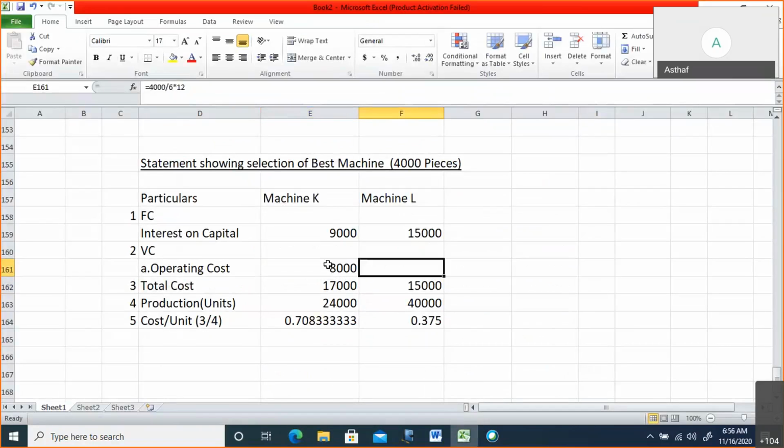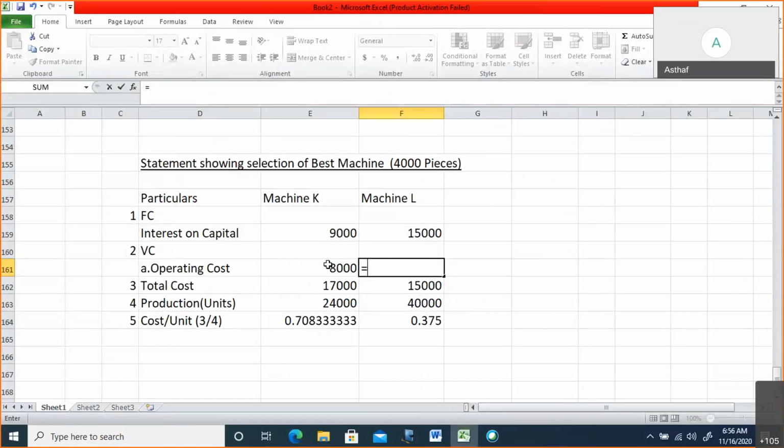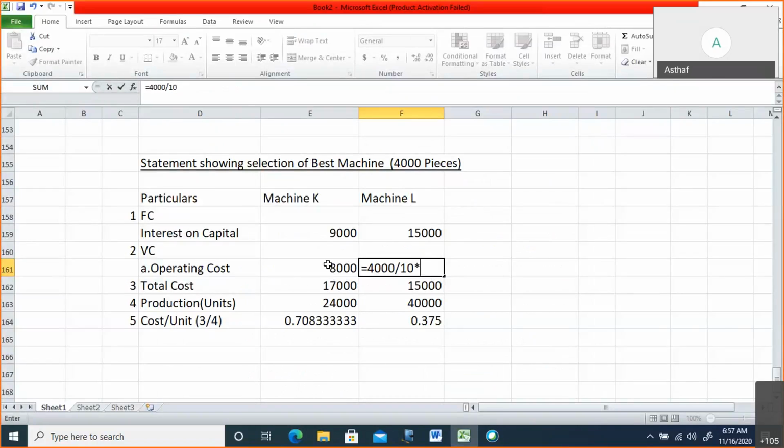What about the second product? It is also 4,000 units, 10 into hourly rate also 10. See how interesting: the output here is the same for both, 4,000.